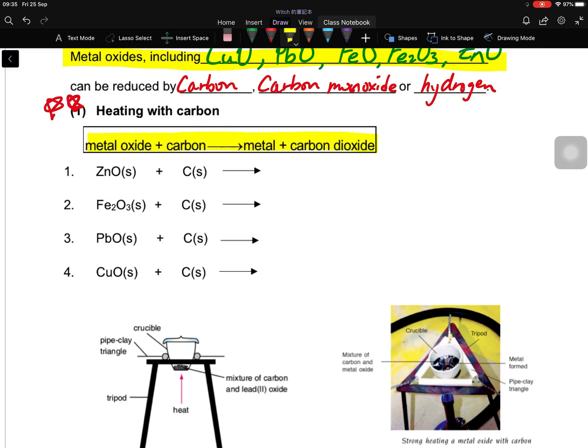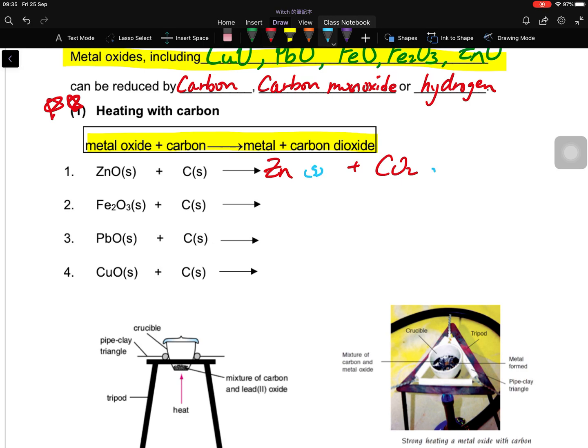The word equation indicates that we heat the metal ore with carbon, and during the reaction they will form metal and carbon dioxide. Let's see, if we choose zinc oxide as an example, then we get zinc, of course, and CO2 according to the word equation.